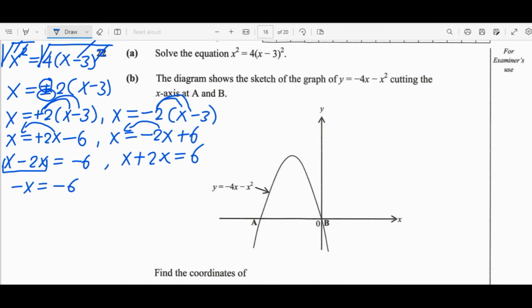Then I'm going to divide by the negative. So x is equal to 6 as my first value. Then for this one, we can add x plus 2x is 3x is equal to 6. Divide by 3, divide by 3. So the value of x is 2.